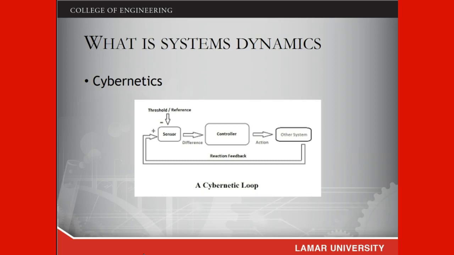Threads of cybernetics began in the late 1800s that led towards the publishing of seminal works, for instance, Wiener's Cybernetics in 1948 and von Bertalanffy's General System Theory in 1960.